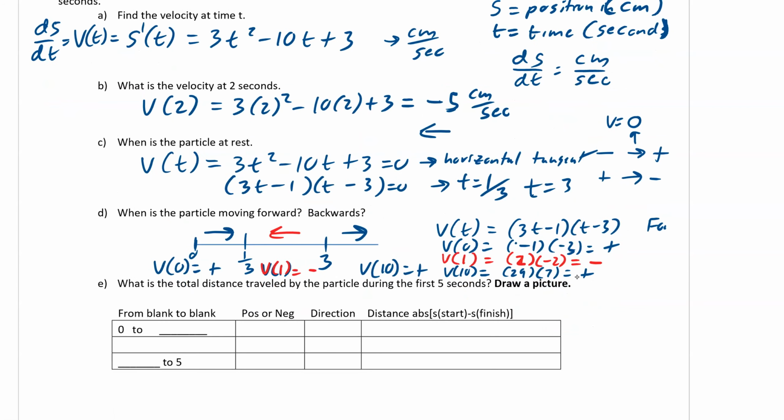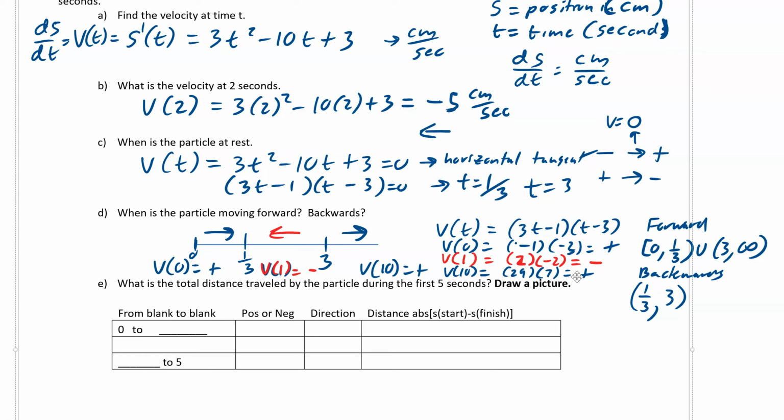It's going forward from 0 to 1/3, and then also from 3 to infinity. And it's going backwards from 1/3 to 3, and I'm putting parentheses here because at 1/3 and at 3 it's stopped. It is 0, not positive or negative. And there you have it.